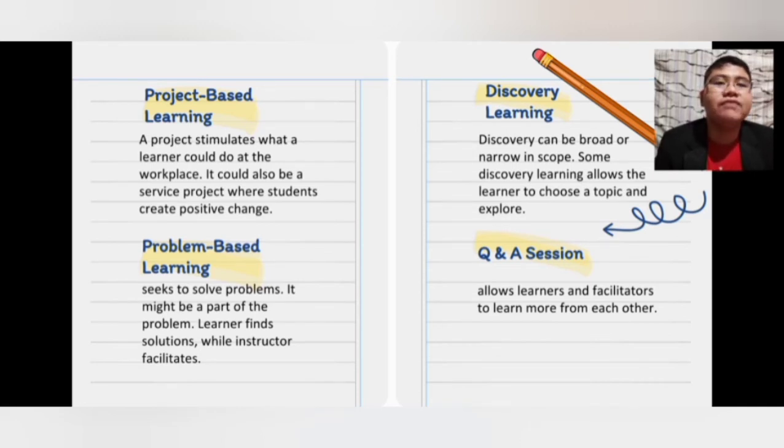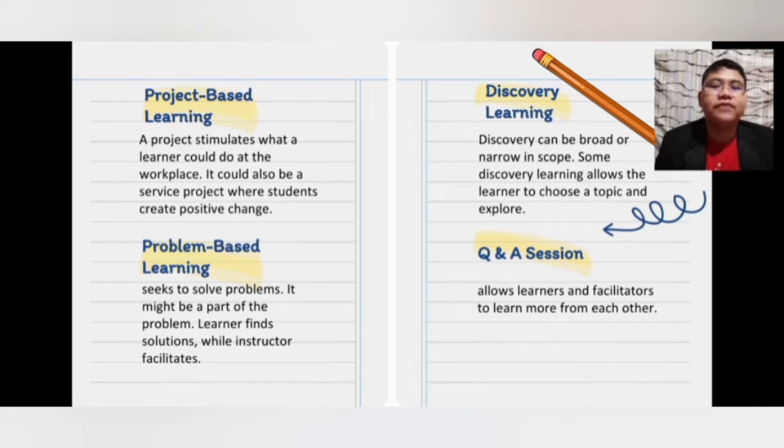So here in discovery learning, the students are tasked to discover things or to explore the outside world, explore a topic, and then formulate new ideas based on that specific topic.